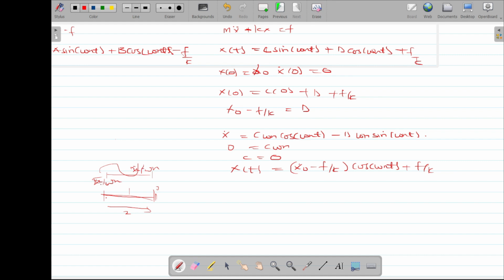So the two will give us 2 pi over omega n, which is the period. So at the instant where the body moves from 0 to pi over omega n, crossing the 0 line, let's say the displacement is x1. So x1 will be equal to x naught minus F on k, cos omega n multiplying pi over omega n, plus F on k.